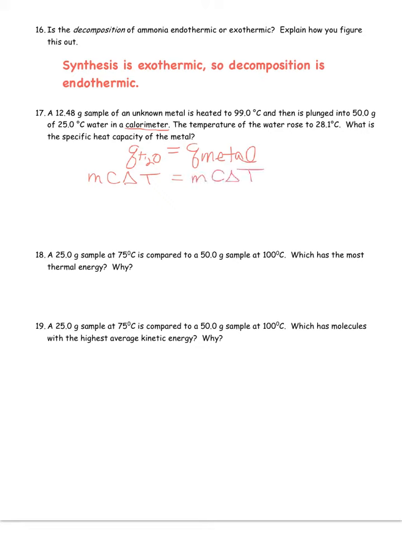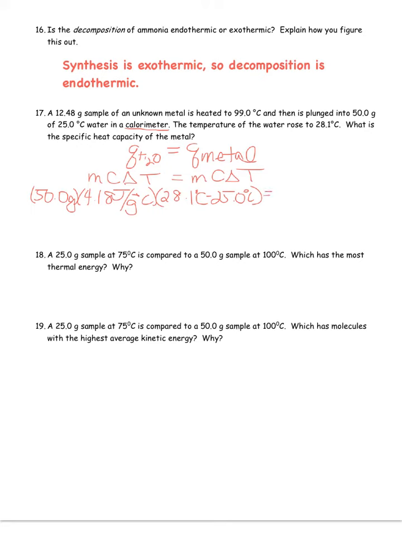and we do the math. So the mass of the water here is going to be 50 grams, and the specific heat capacity of water, 4.18 joules per gram degrees Celsius. My delta T for the water, I have to calculate, is going to be 28.1 degrees Celsius minus where it started at 25.0 degrees Celsius.